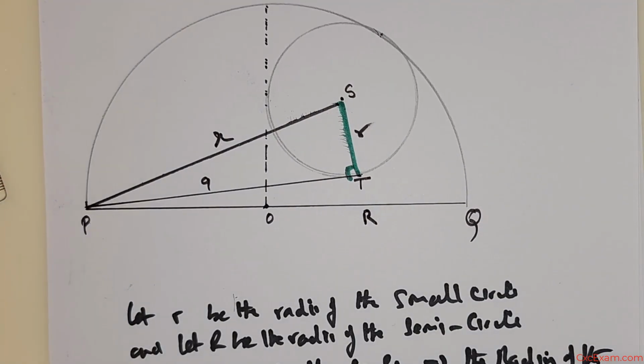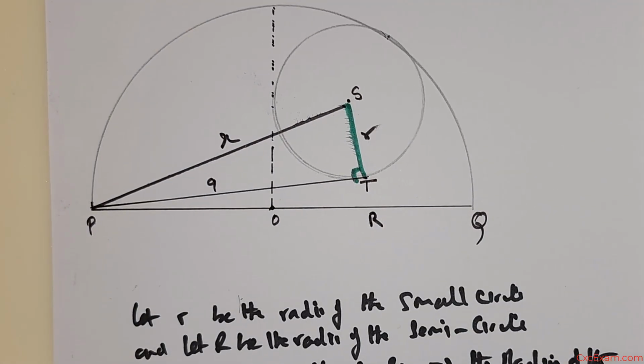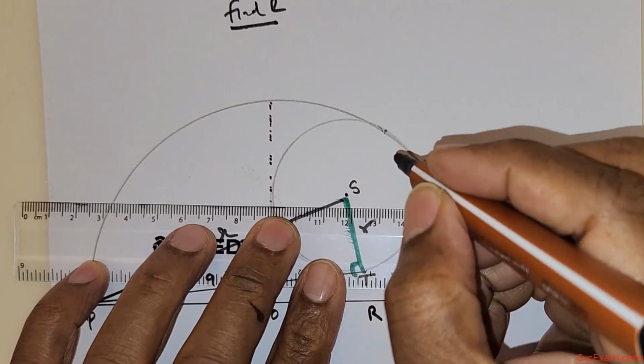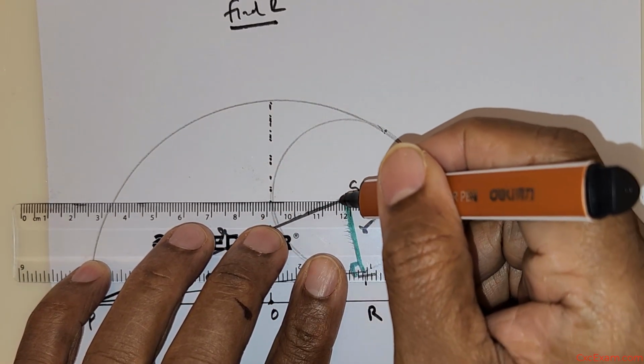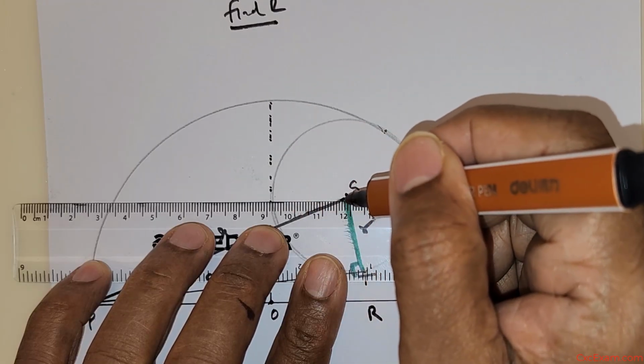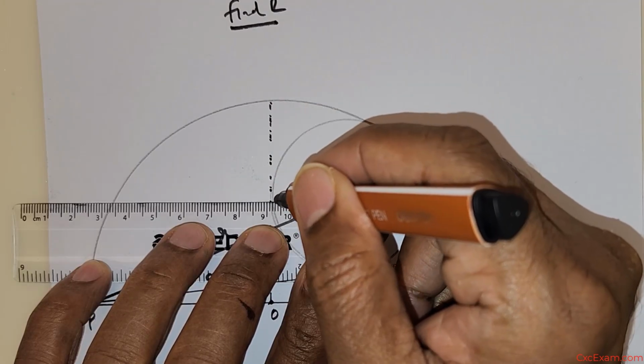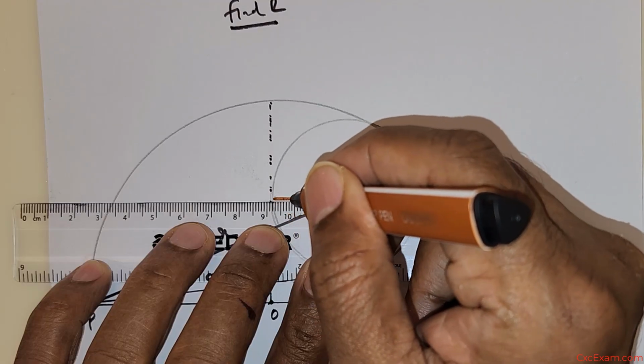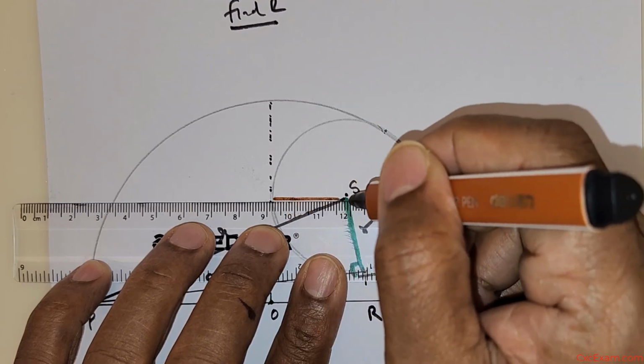Next, I would like to draw a perpendicular from S to this radius. Definitely we can do that because it's a tangent there. So I'm going to mark that.